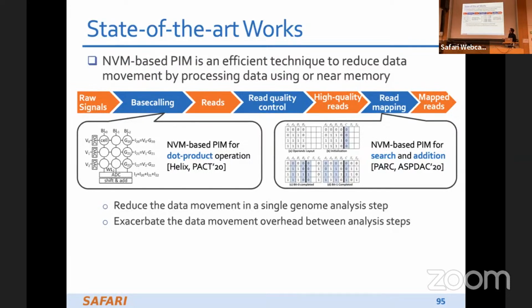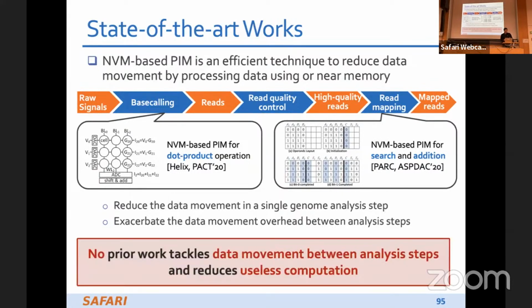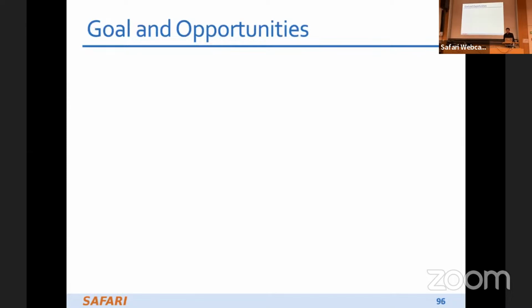But as you reduce the data movement in between these steps, ratio-wise, you're increasing the ratio of data movement in between other steps that you're not dealing with. Also, we recognize that there is essentially no prior work that tackles the unnecessary data movement in between base calling and read mapping.